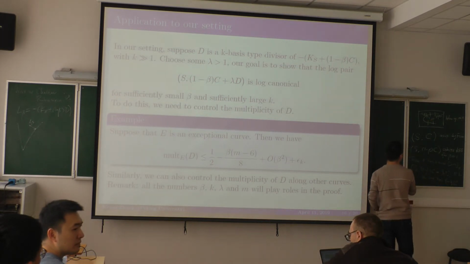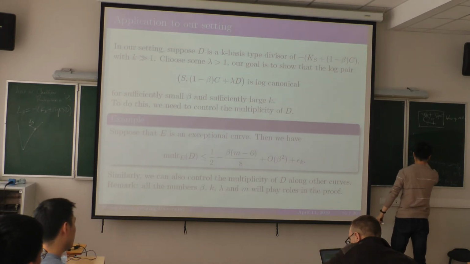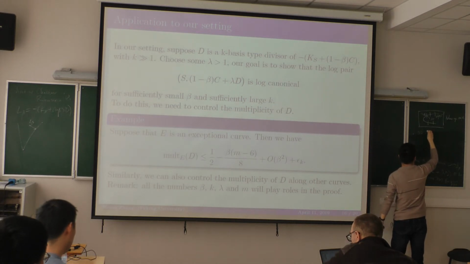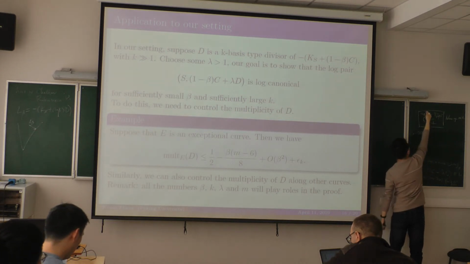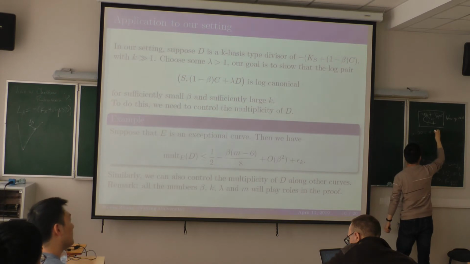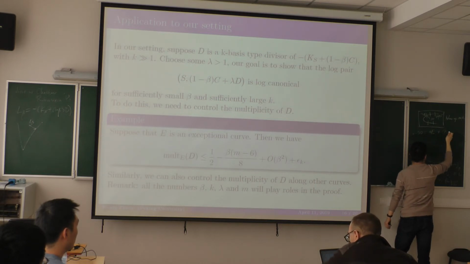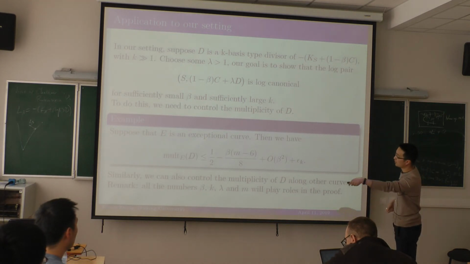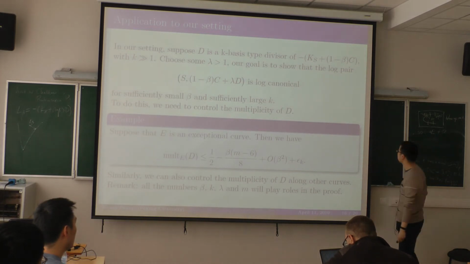A standard way to do this is first we decompose this lambda D into two parts, because the basis type divisor may contain some components of the exceptional divisor. So we can write it as some multiples of E plus something that we cannot control. By the estimate here, we know that this A is bounded from above by this estimate.